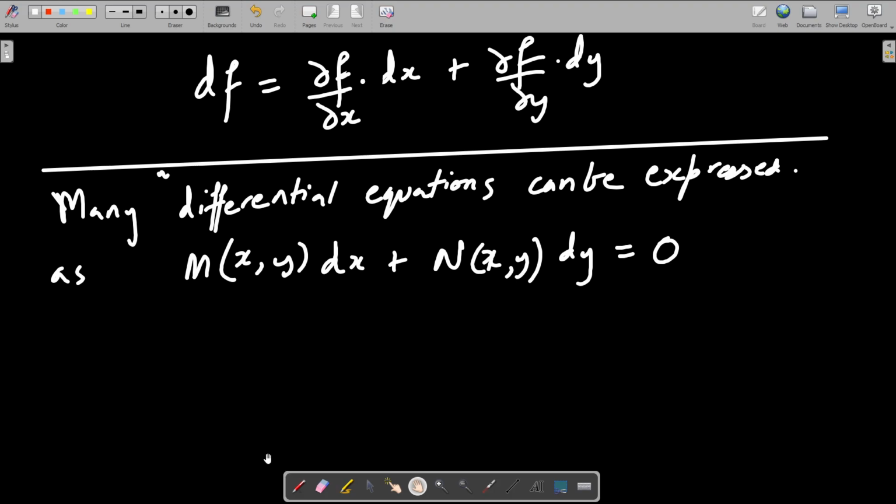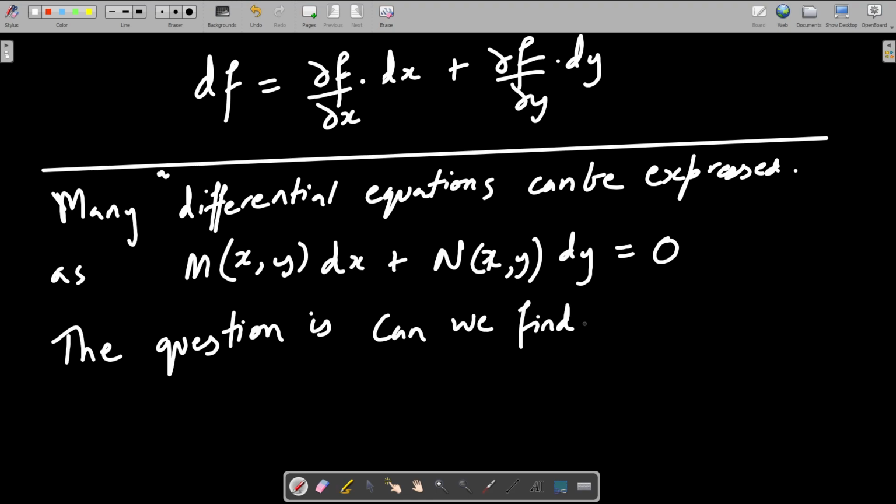So the question is, can we find a differentiable function? Not just continuous, we require it to be differentiable for this. Because if it is not differentiable, there is no point in talking of all the derivatives here.